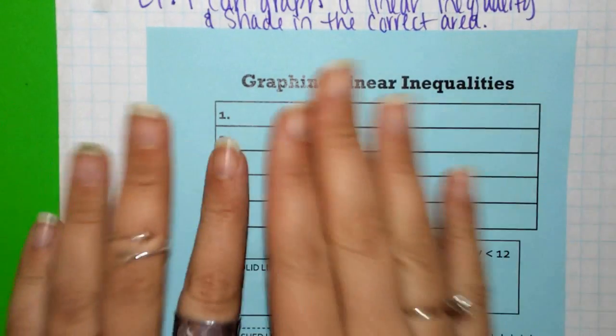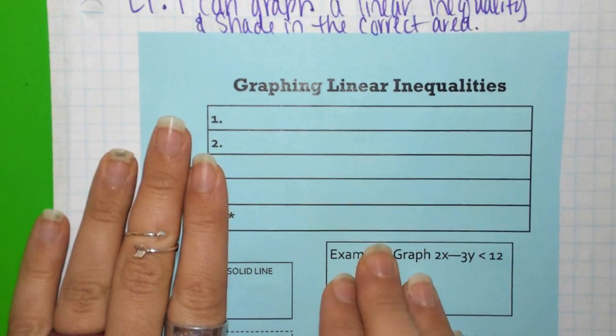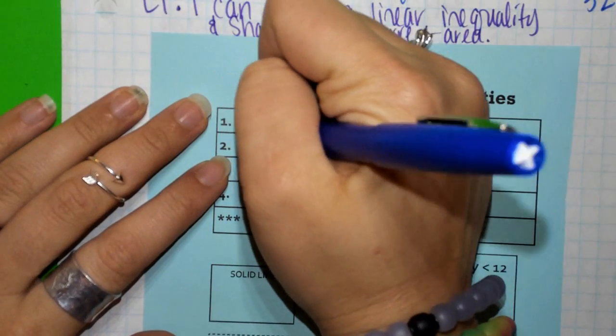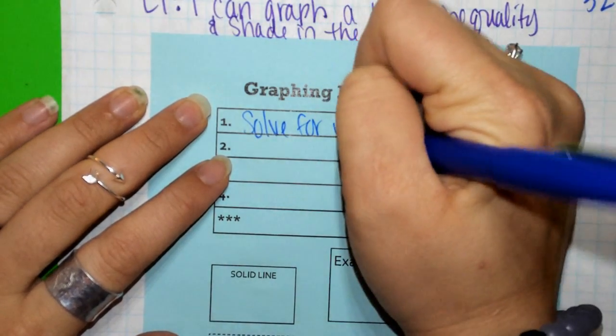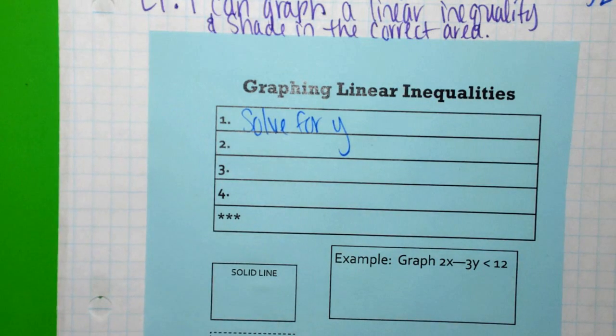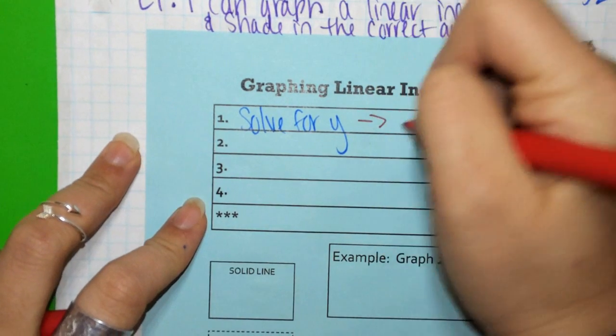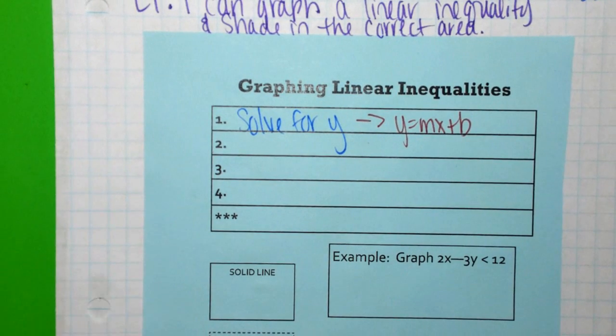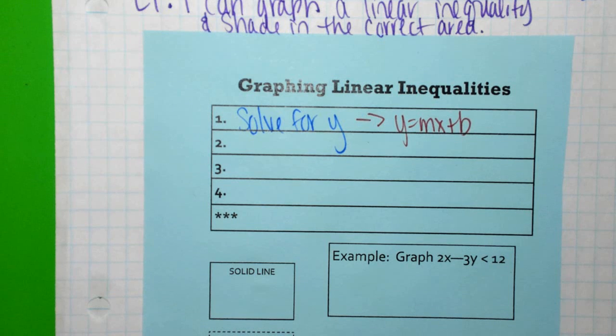Okay, alright. So, when you are graphing linear inequalities, you have 4 steps. The first step is to solve for y. So we're trying to put it in slope-intercept form. It's going to look like y equals mx plus b, but without the equals. It's going to have a greater than or less than. Step 2.